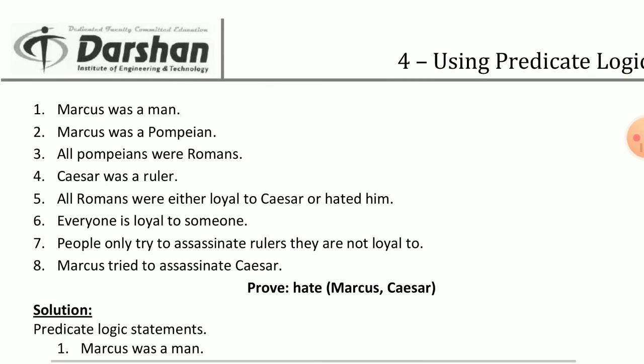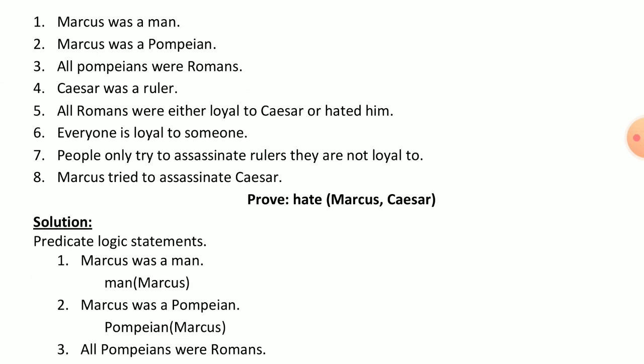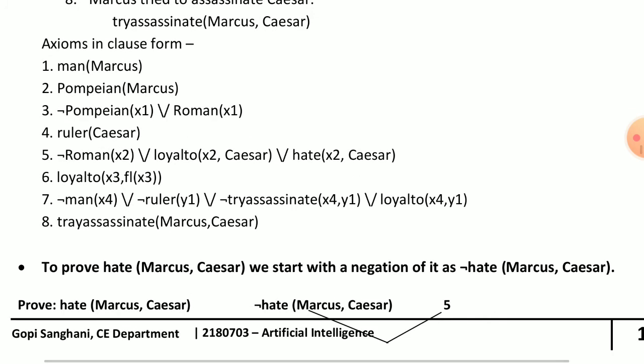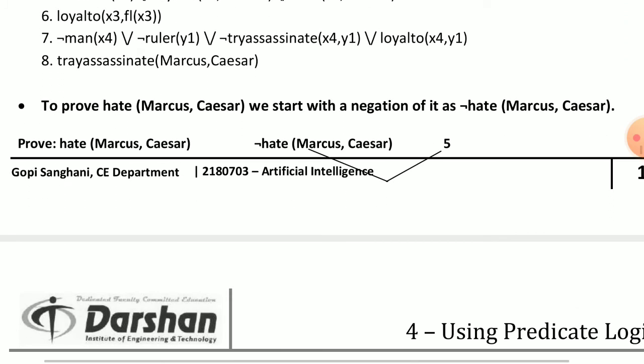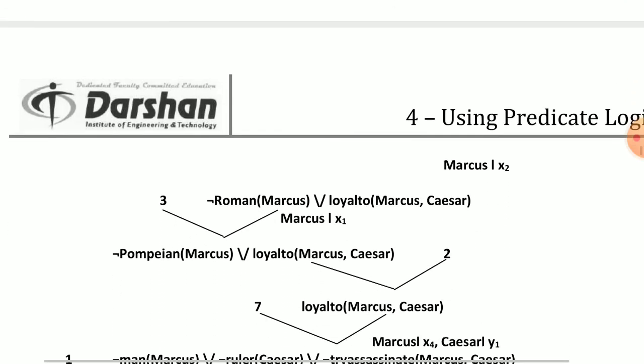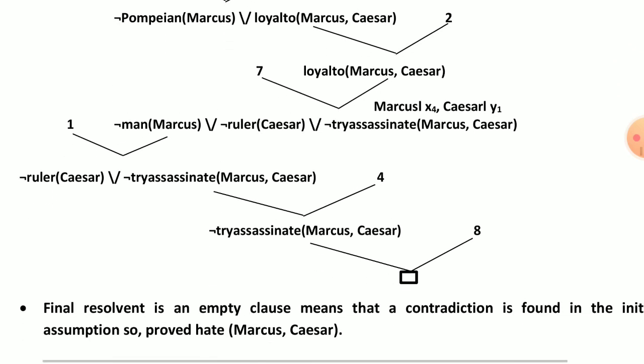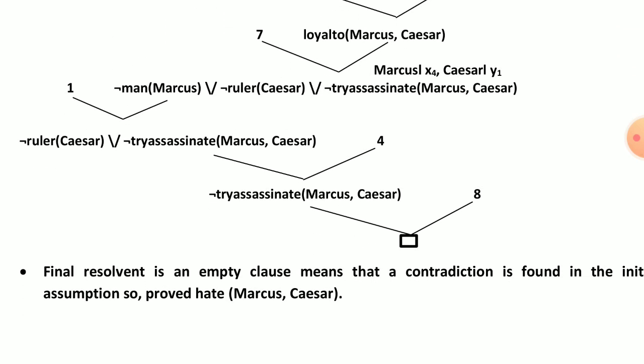So here we take 8 different sentences, convert them into predicate logic statements, and then use the clause form to prove hate Marcus comma Caesar. Okay, so here our resolution topic is completed.